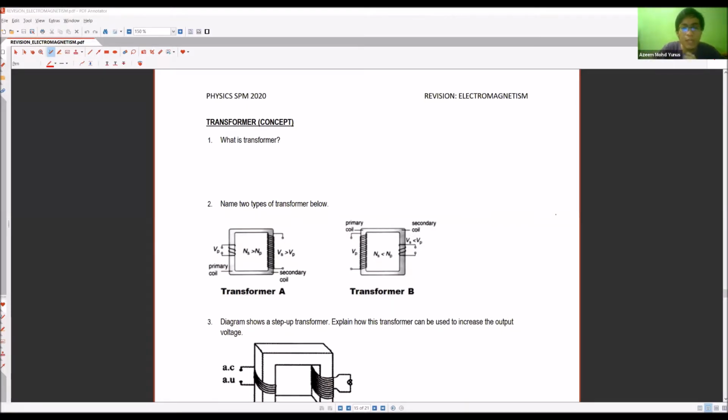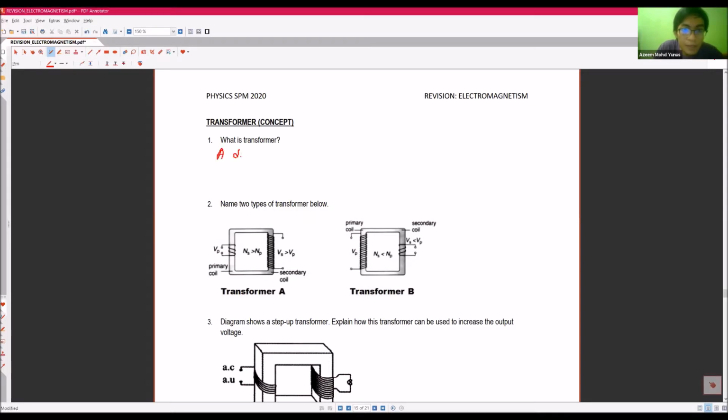So transformer is basically a device that can step up or step down voltage or potential difference, doesn't matter, of an alternating current.